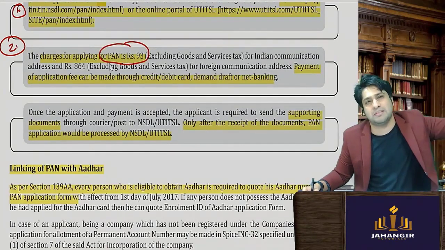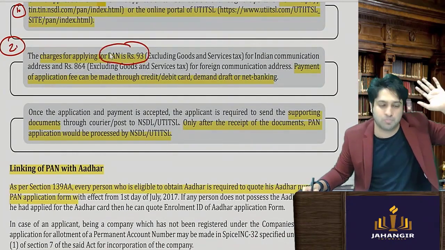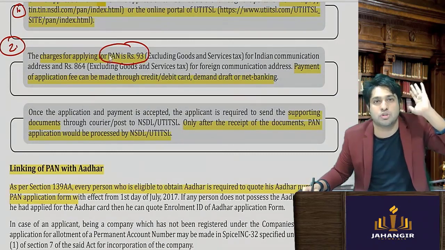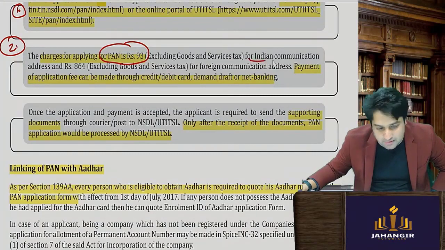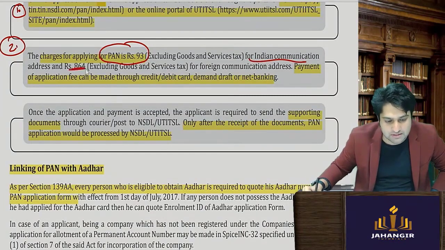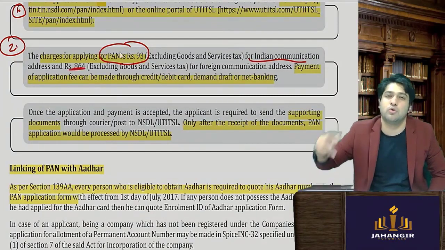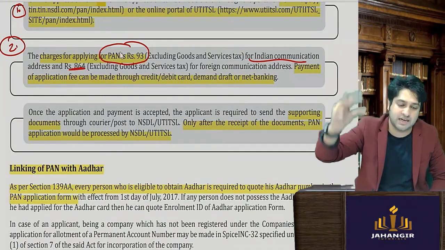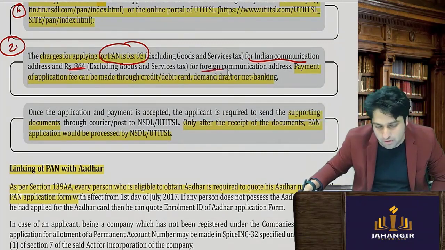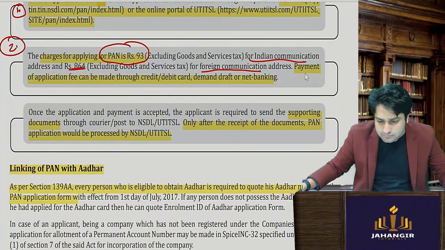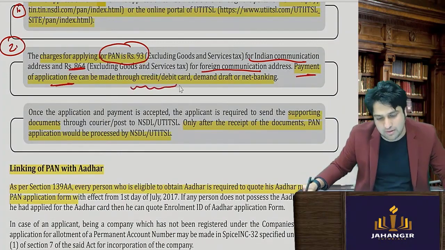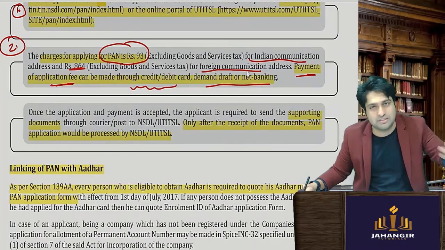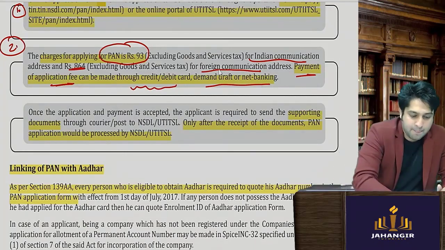So 7 rupees less than 100 is the cost of PAN for an Indian communication address, and rupees 864 for a foreign communication address. Payment of the application fee can be made through debit or credit card or net banking.